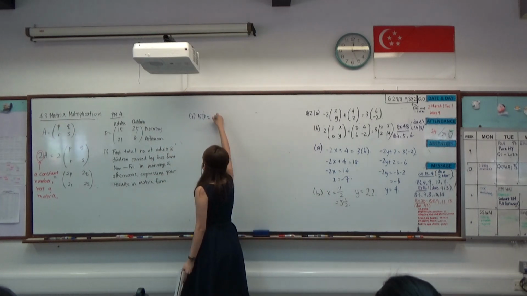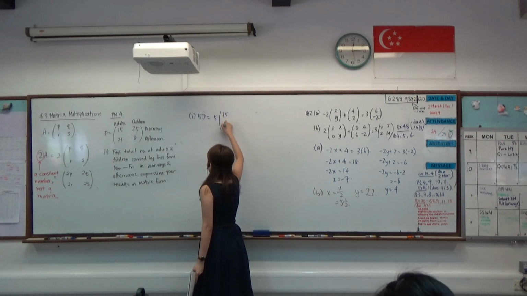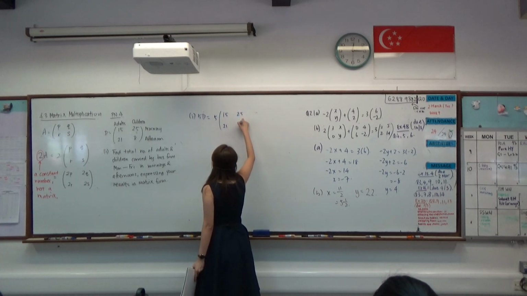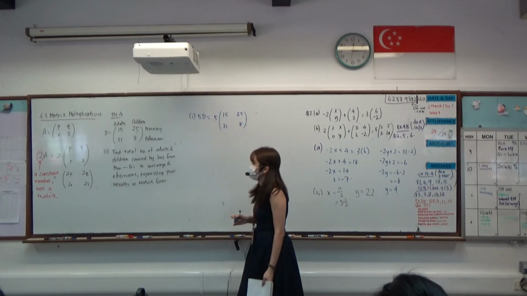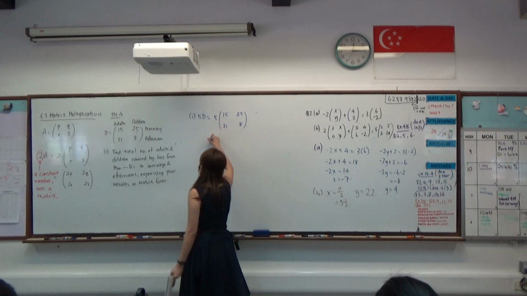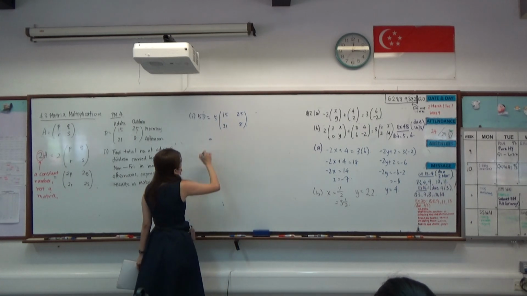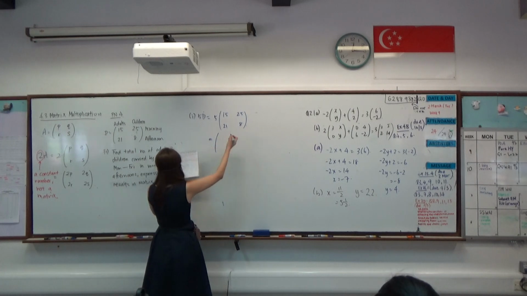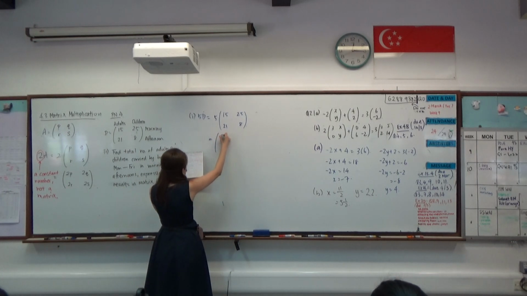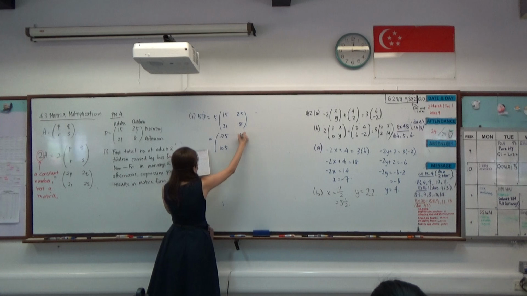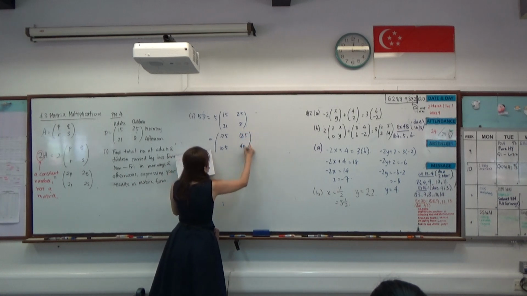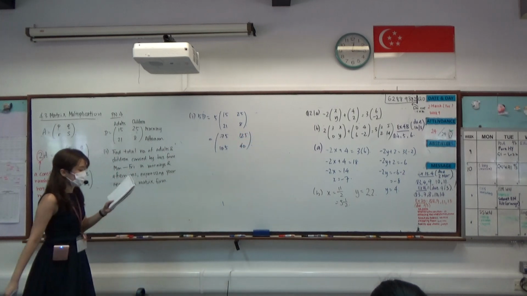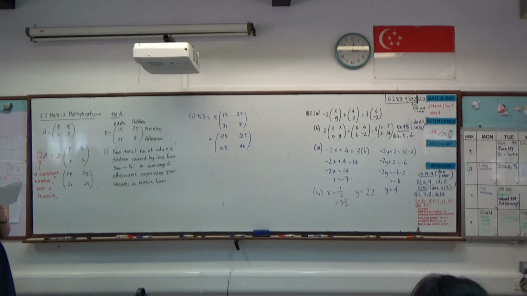So that means 5 times the matrix D. Essentially we still have to multiply it individually, but we can key that into a calculator. And this will be what we get.